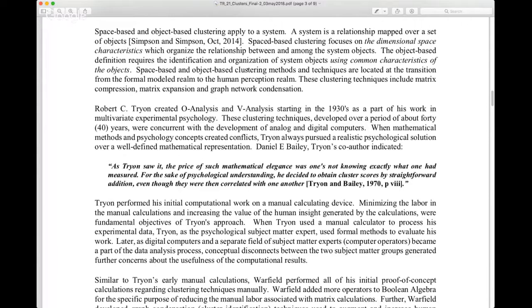Then when digital computers came around, they did all the calculation for you almost instantly. He decided not to use that, is my understanding anyway, because it didn't add any value. Even though you can do computations very cheaply, you want to do computations that add value and insight. Okay.